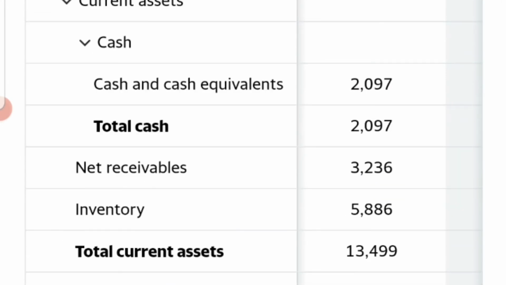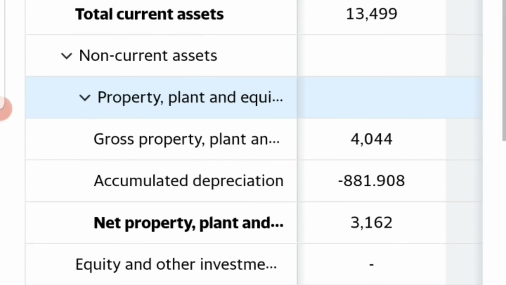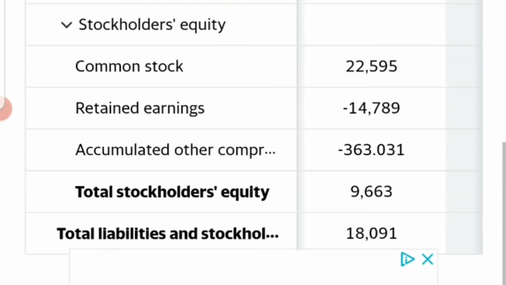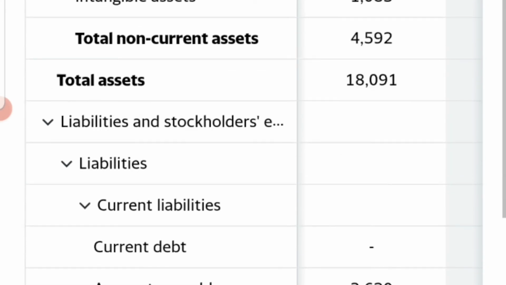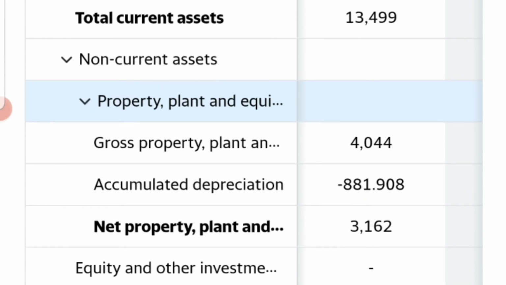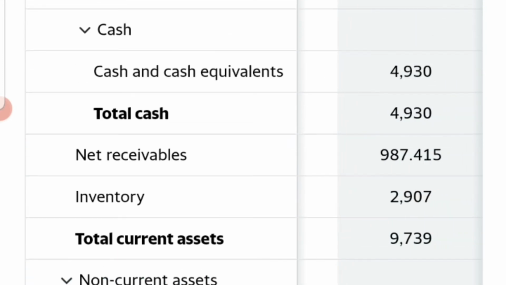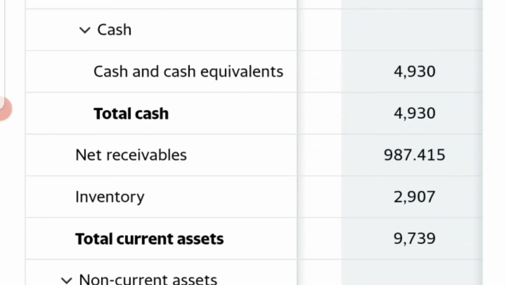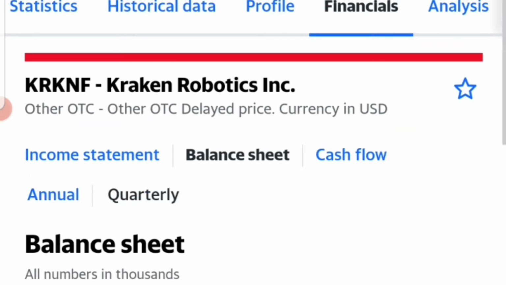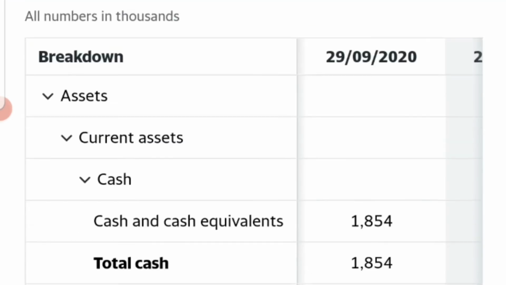Now, you can see again that total liabilities are covered by current assets, and you can see they've improved their current assets up to 2019. So let's get a more recent one.